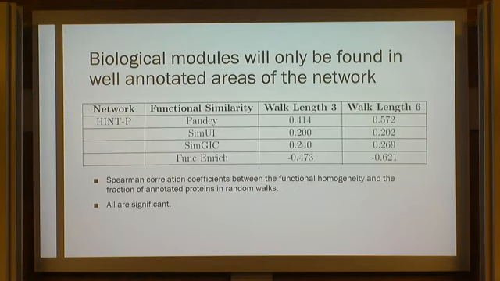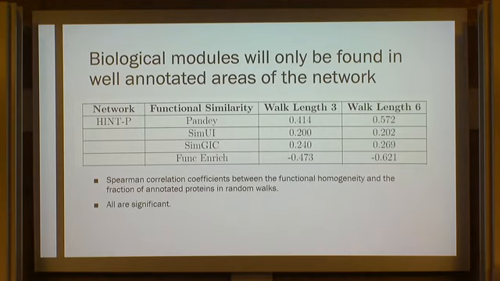To put some numbers on what I've just shown you, this is a particular protein interaction network, the HINT-P network, and these are the different functional similarity measures. And these are the correlations between the functional homogeneity and the fraction of annotated proteins in that random walk. And it's very obvious that this is what you get: a very strong correlation between these things.